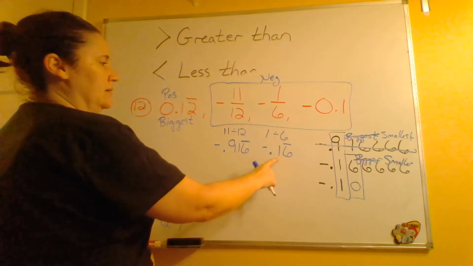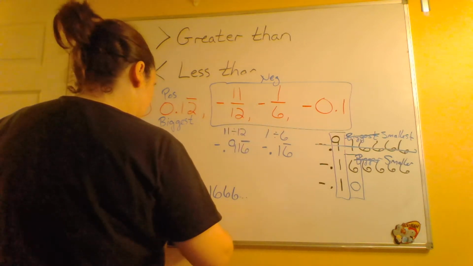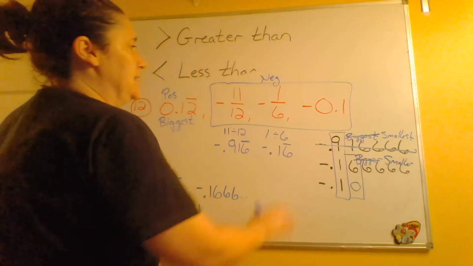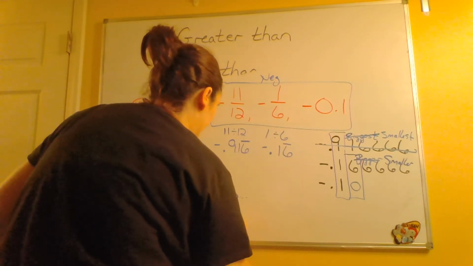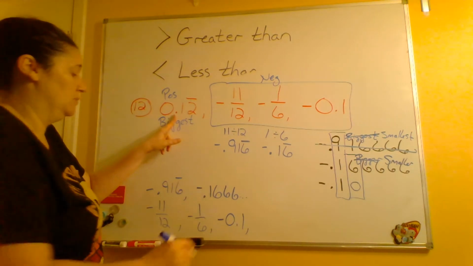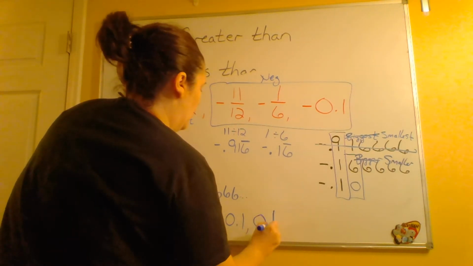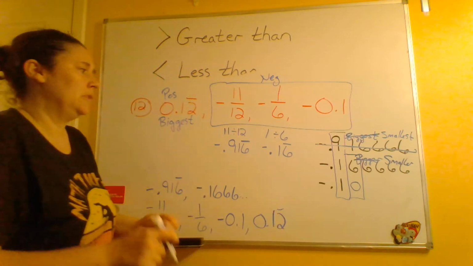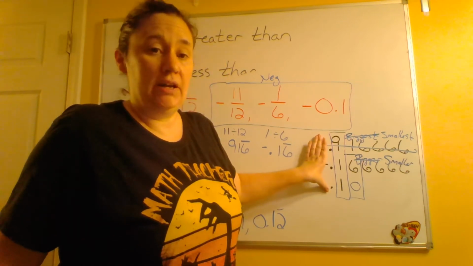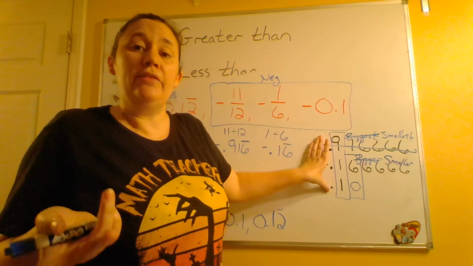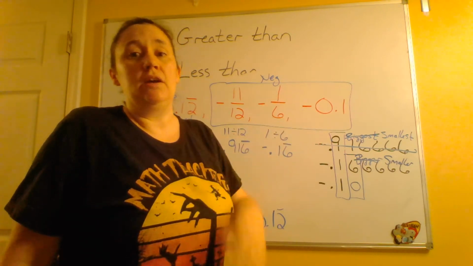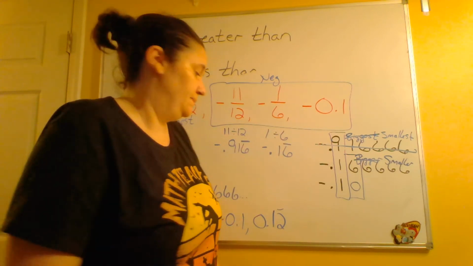That was negative 1/6. This must be the third smallest, negative 0.1. And we already said the biggest number is the one positive number, 0.12 repeating. So line them up, figure out without their negative signs which ones are bigger and smaller, and then switch those when you put the negative signs on. The ones that are the biggest become the smallest when they have negative signs.